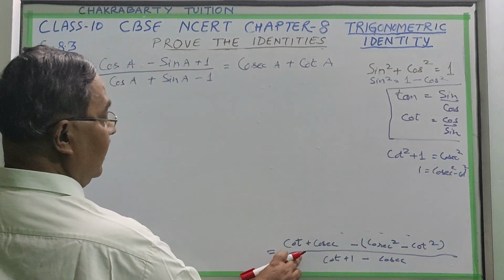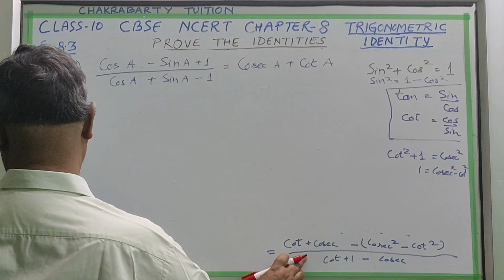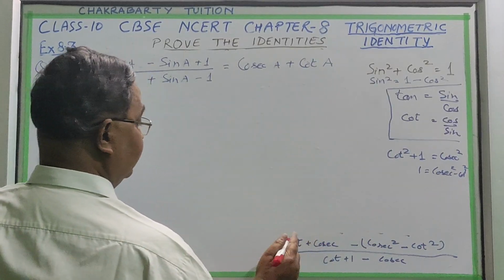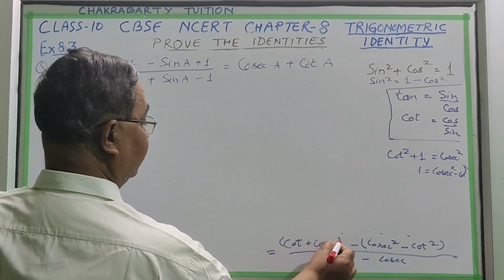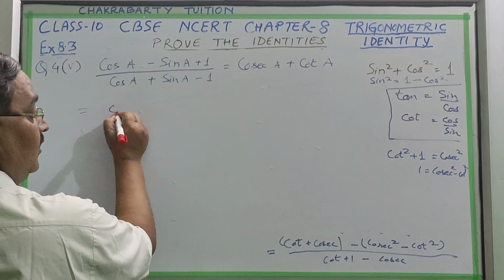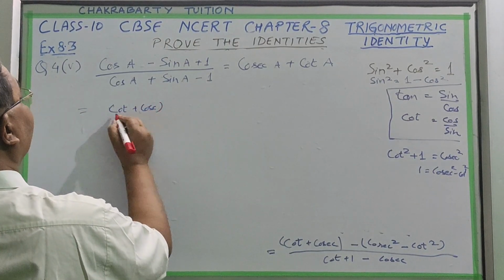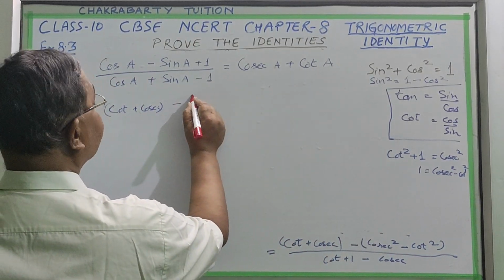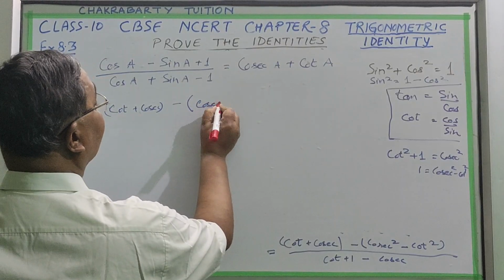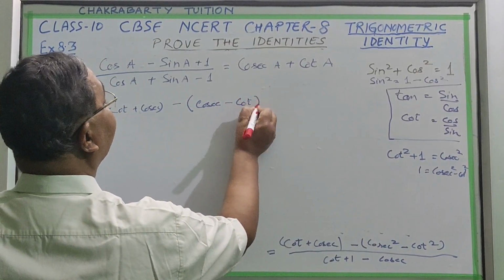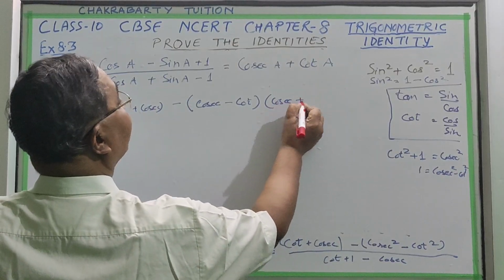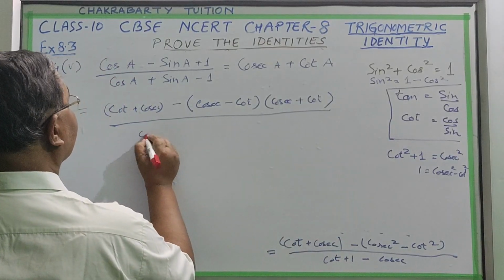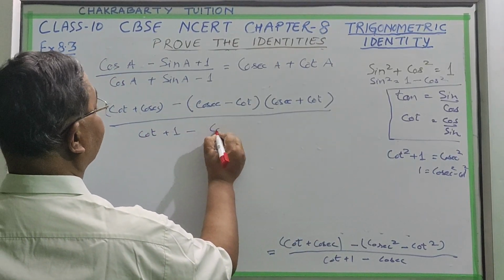Now here a square minus b square is here, so we will use the identity a square minus b square, and this we are putting in one bracket. So equal to cot plus cosec, and this a square minus b square will become cosec minus cot, and cosec plus cot, upon cot plus 1 minus cosec it will remain.